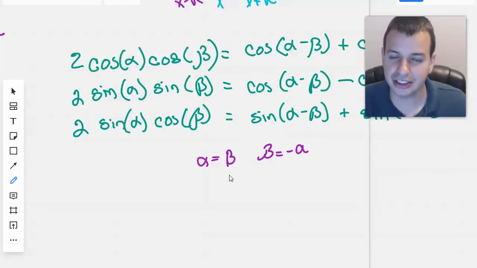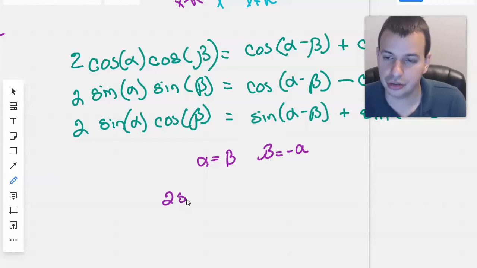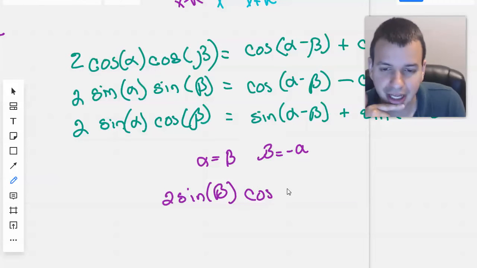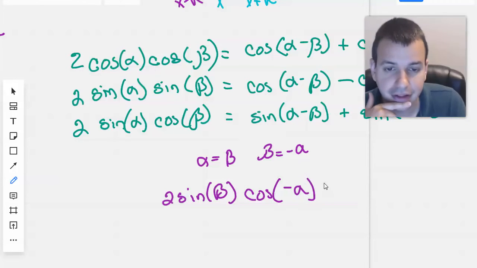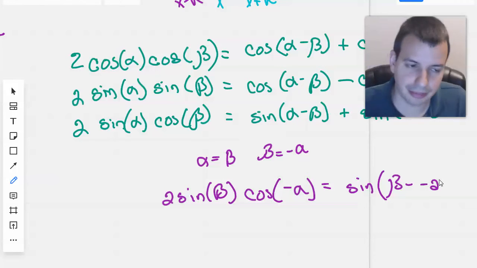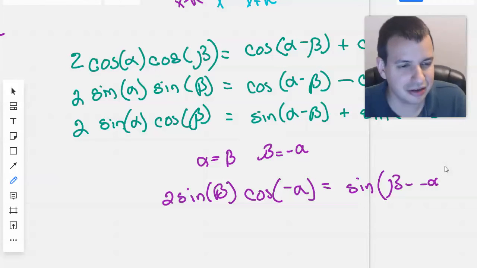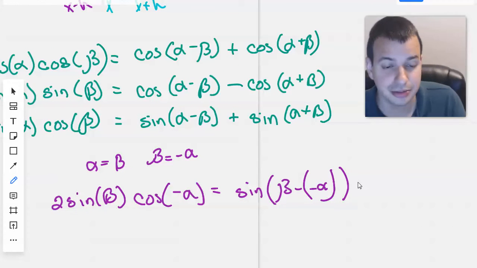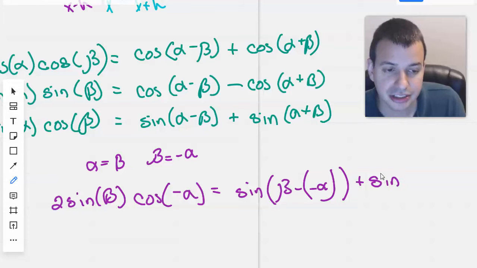And so when you plug this in, what happens is you get 2 sine of beta cosine of negative alpha equals sine of beta minus negative alpha. Extra parentheses, that is important though. Plus sine of beta minus alpha.